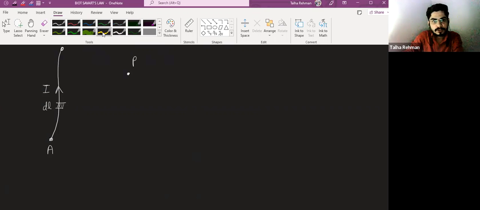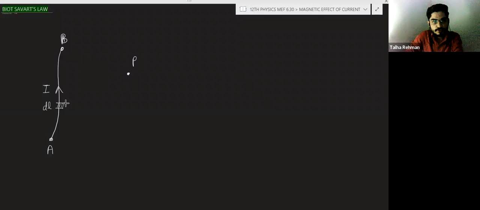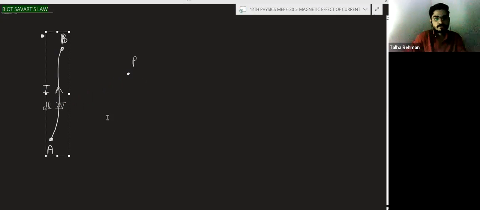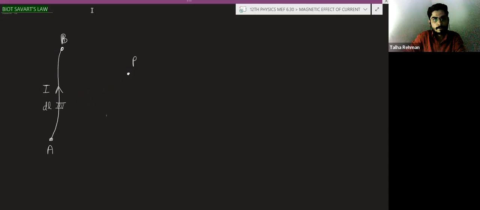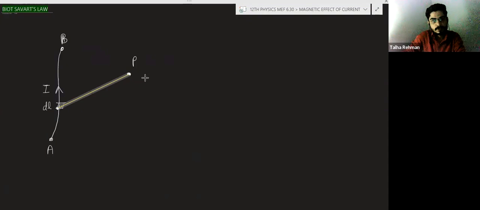What you will do is first measure the distance from this dl to this point P. Suppose this is a distance r, small r, from this dl.